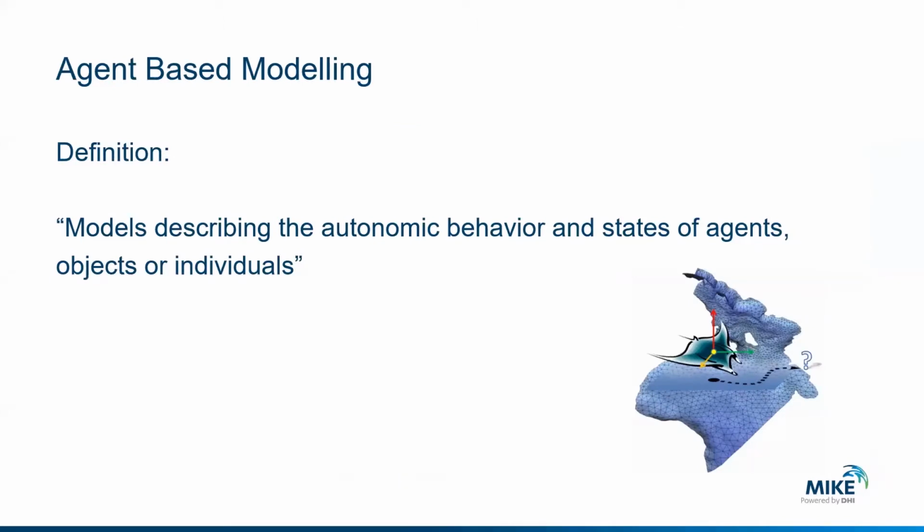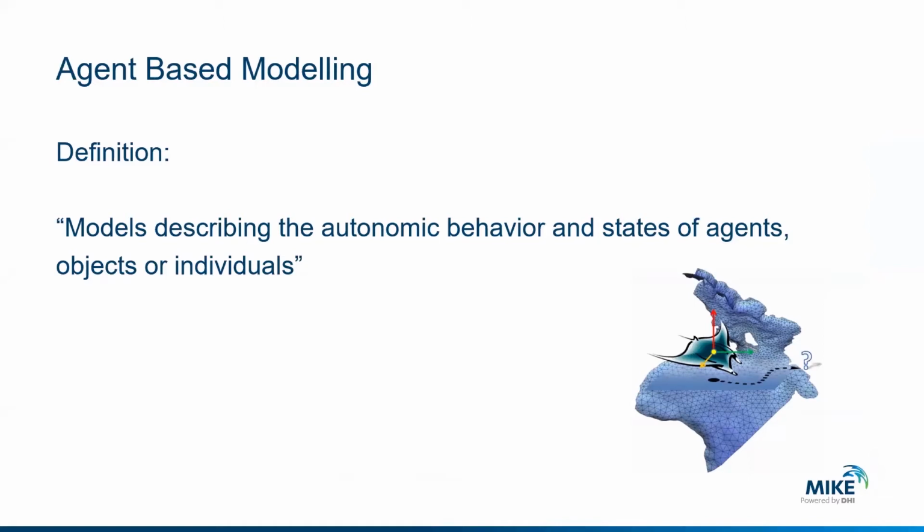An agent-based model, also called an individual-based model, and it also has a lot of other names, is essentially a model that describes the autonomic behavior and states of agents, objects, or individuals. So what does this actually mean?